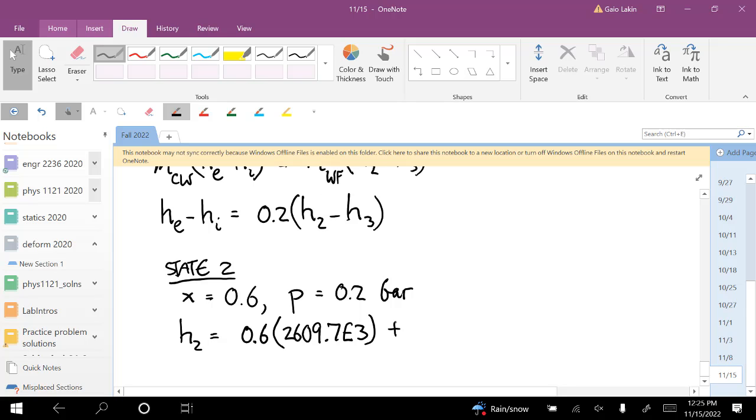And then plus 1 minus 0.6, so 0.4, times the enthalpy for a saturated liquid at that pressure. And if you look it up, it's 251.4 times 10 to the third. And this gives you a value for the enthalpy at state 2 of 1666 times 10 to the third.